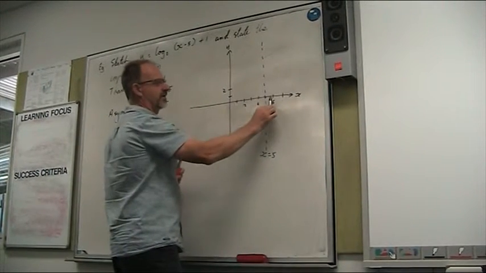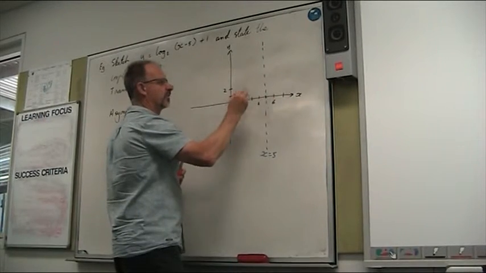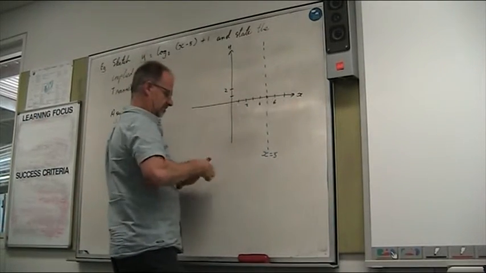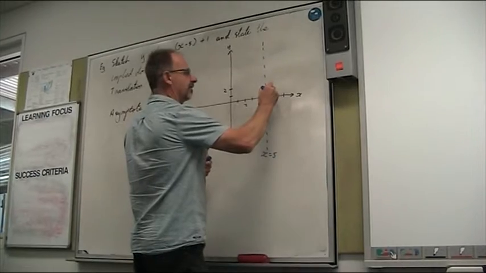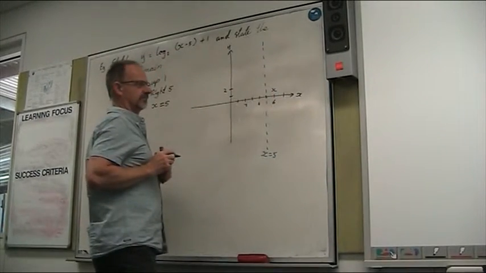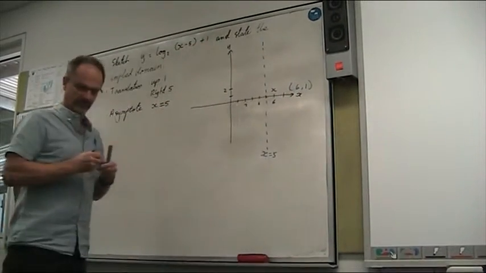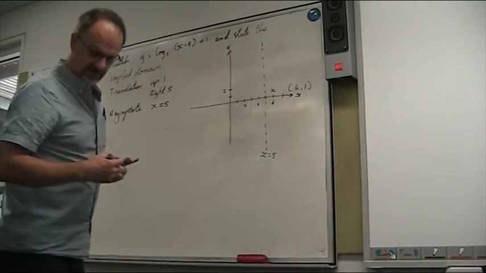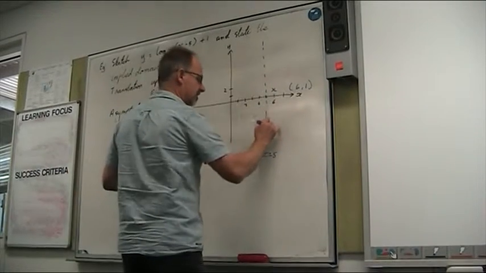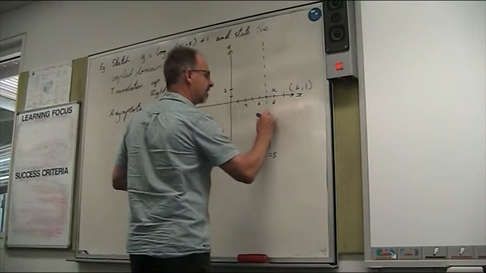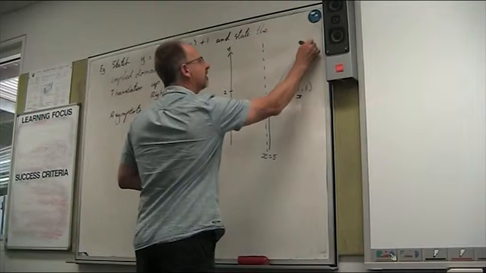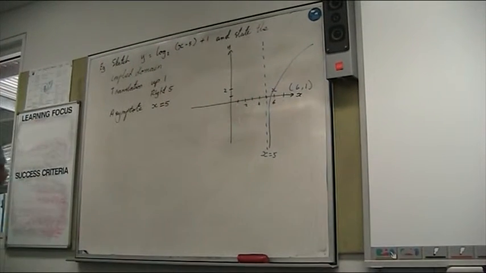It's moved to the right 5 and up 1, so this point here is now there. So it's (6, 1). And so now we can say that it goes around like so. Would you suggest finding those points? Find an x-intercept, we could find an x-intercept.